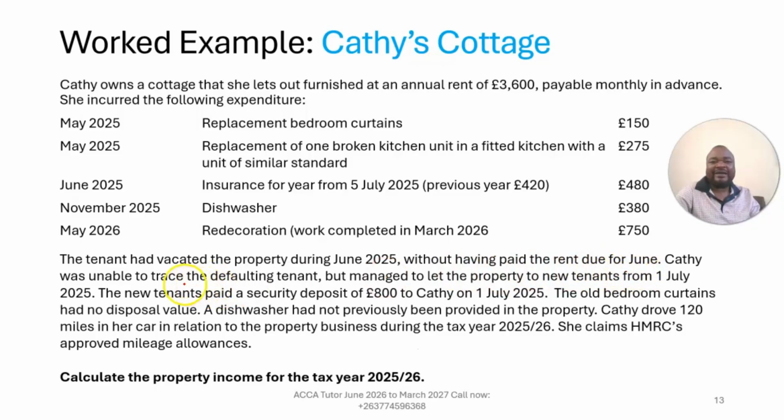So Kathy was unable to trace the defaulting tenant, but managed to let the property to new tenants from 1 July 2025. All right.